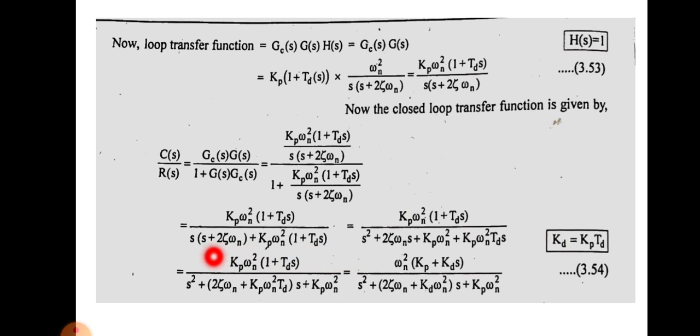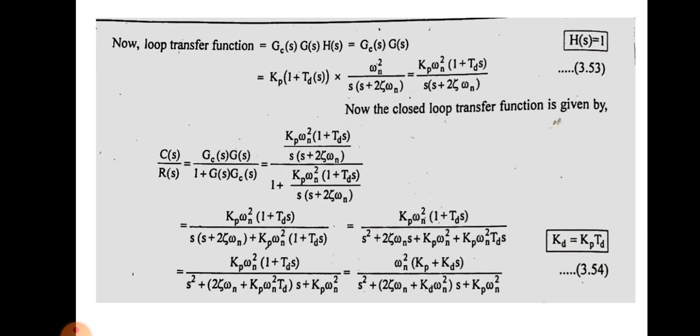Here we can multiply the terms inside the bracket, and take the s terms outside, so we will get Kp omega n square (1 + Td s) divided by s square + 2 epsilon omega n s + Kp omega n square Td s + Kp omega n square, which is equal to omega n square (Kp + Kd s) divided by s square + (2 epsilon omega n + Kd omega n square) s + Kp omega n square, where Kd equals Kp into Td.